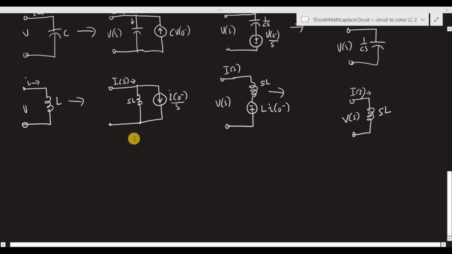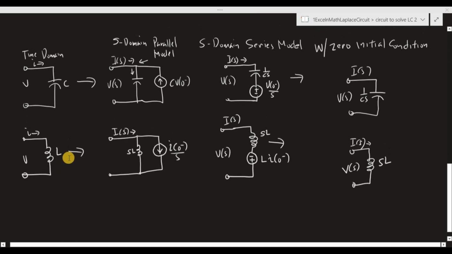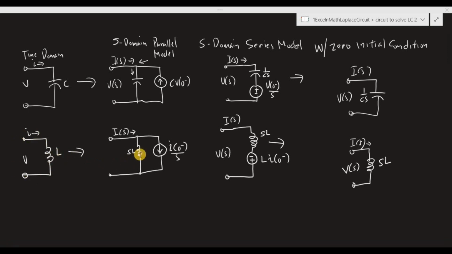Okay, now let's go to the inductor. This is the inductor circuit in the time domain, and this is its parallel model and its series model circuit in the S domain. If the initial condition of the inductor is 0, it means that I0 minus equals 0.